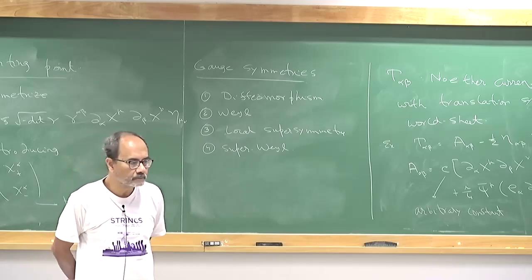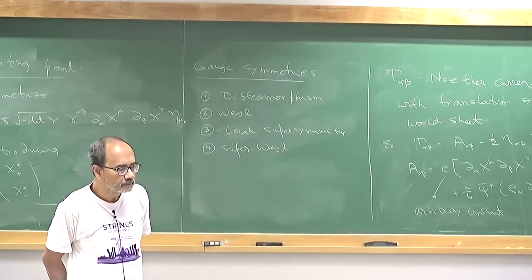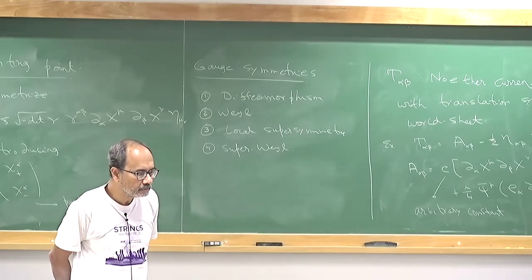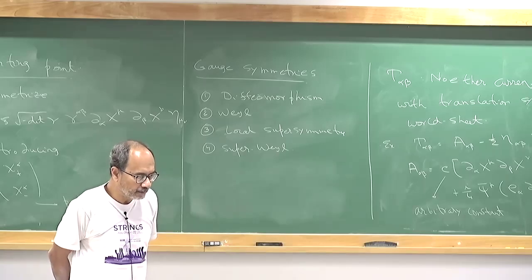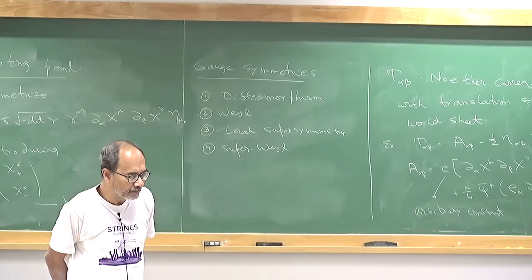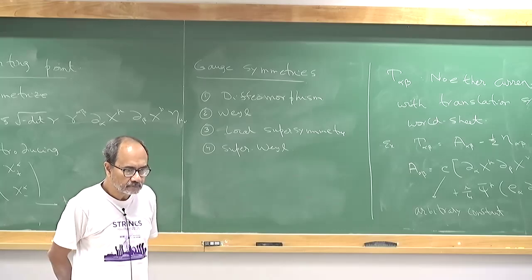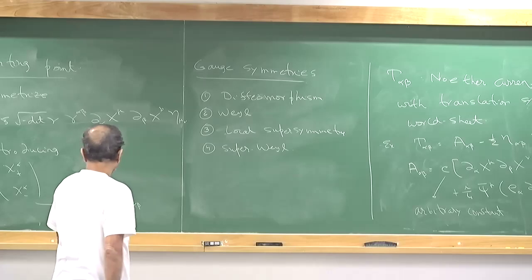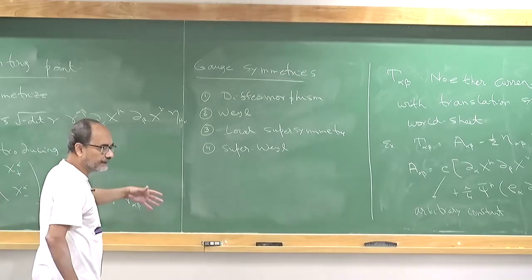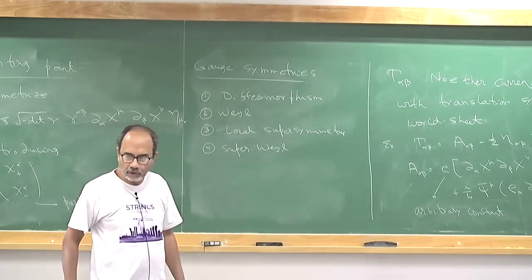But it is not always possible that we have diffeomorphism and can supersymmetrize it. Not all diffeomorphism invariant theories can be supersymmetrized, but this one can be. One can explicitly write down these fields and write an action which has local supersymmetry.